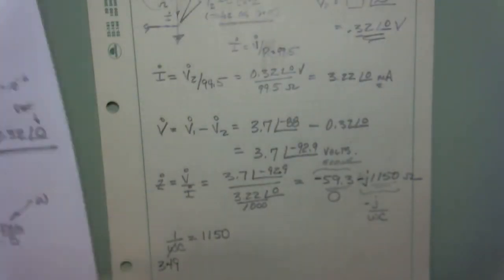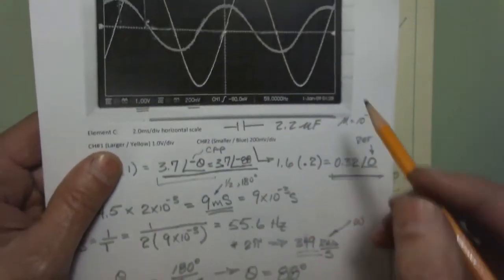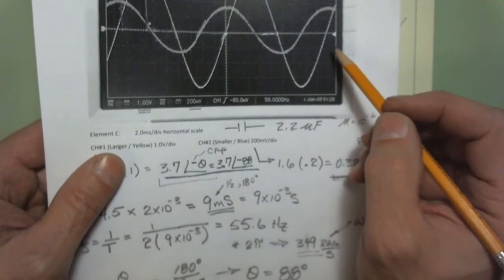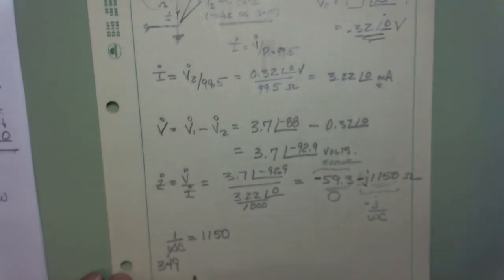Incidentally, you'll want to do that calculation on all of the elements because it'll change a little bit. The source I was using was really not that great, and as I loaded it with different elements, the frequency changed just a little bit. So with 349, I can calculate C from this.